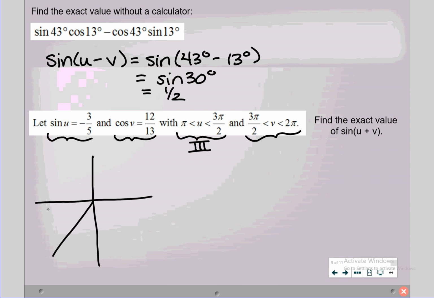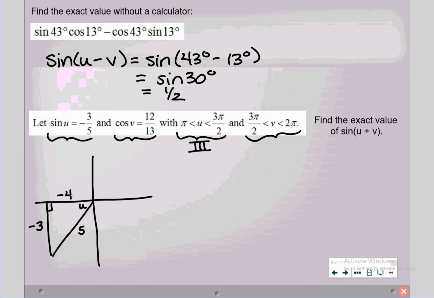And that triangle, right angle on the x-axis, angle u is near the origin. That angle has a sine of negative 3/5. So that helps me label my sides. Opposite is 3. Hypotenuse is 5. Which one makes sense to be negative? 3. And this is actually one of our special triangles. What's the missing side? Close. Got to be careful with our negatives. It is -4 because we're in quadrant 3.